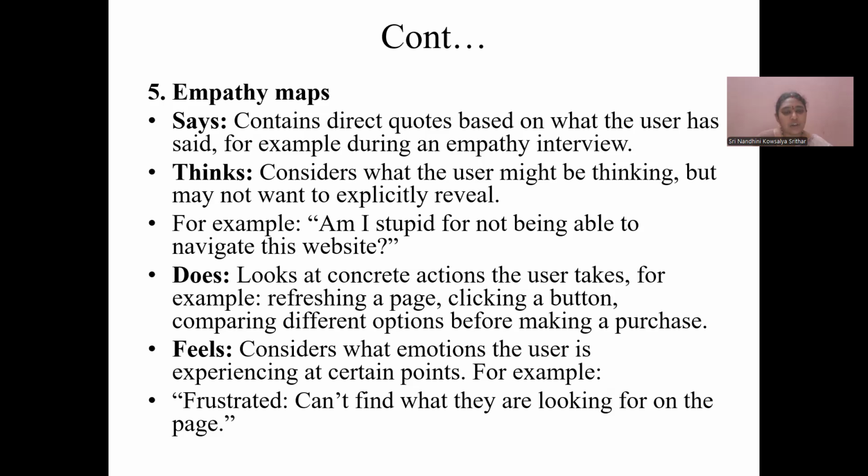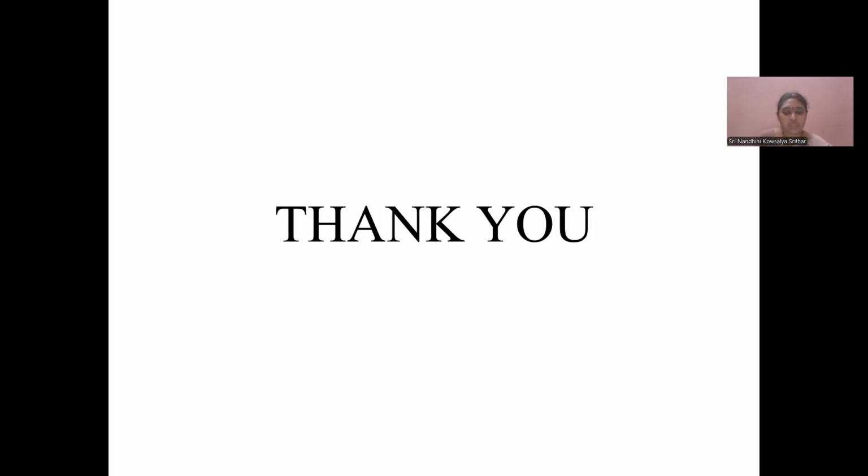Does looks at concrete actions the user takes, for example, refreshing a page, clicking a button, comparing different options before making a purchase. Next, feels. It considers what emotion the user is experiencing at certain points. For example, frustrated because they can't find what they are looking for on the page.